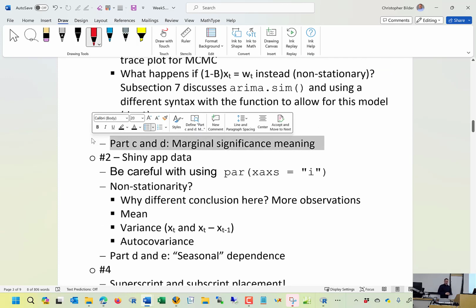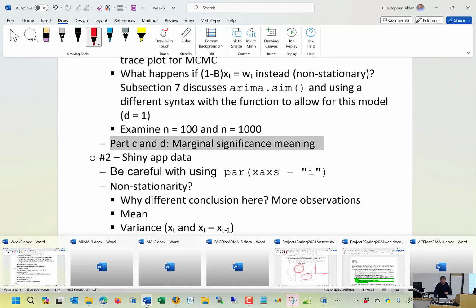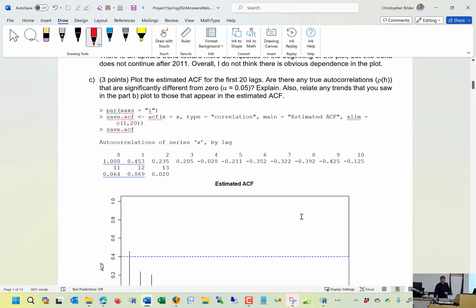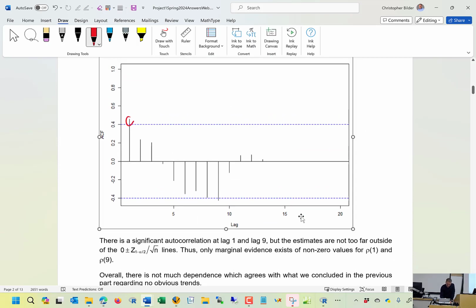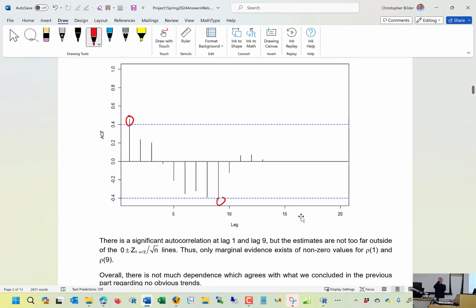So let's take a look at part C and D of number 1. This was a hypothesis test with the autocorrelation. We have this estimated ACF plot, and we can see we have this one and this one outside these lines that we draw on the plot to help us determine the results of a hypothesis test.